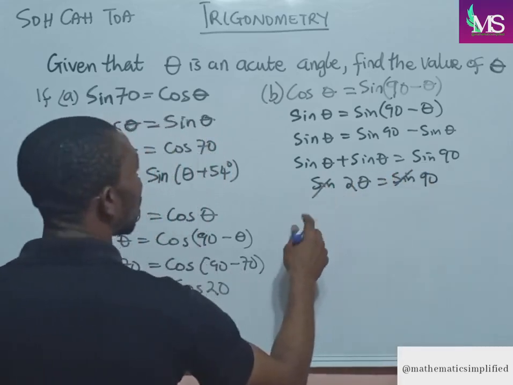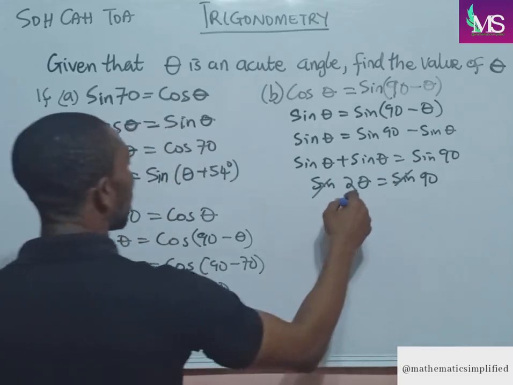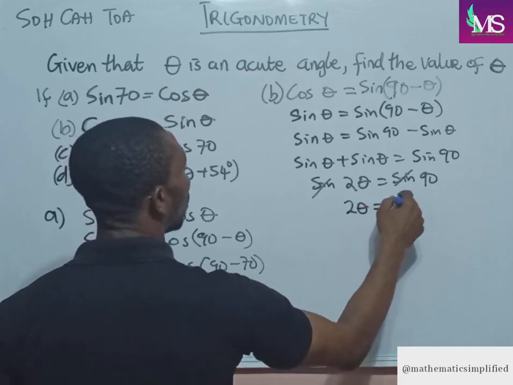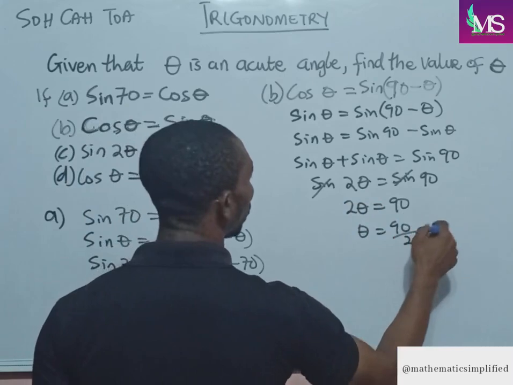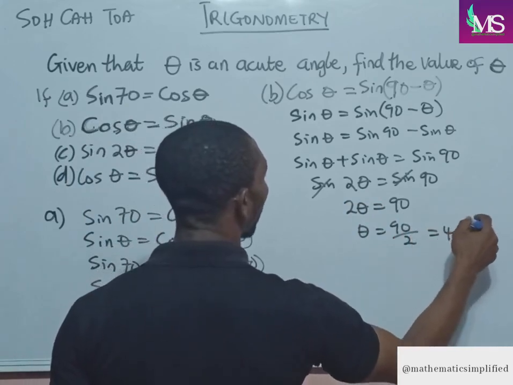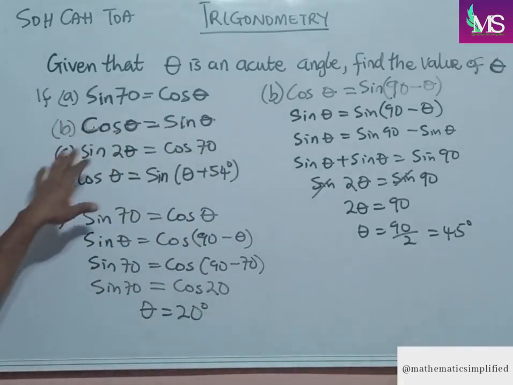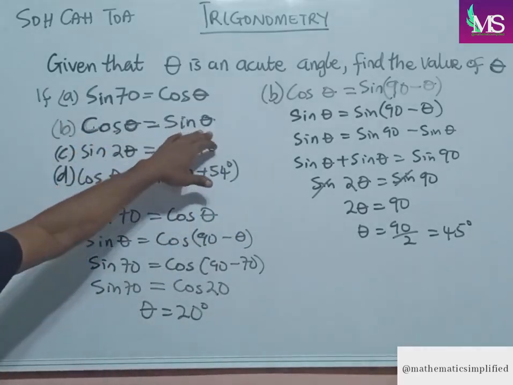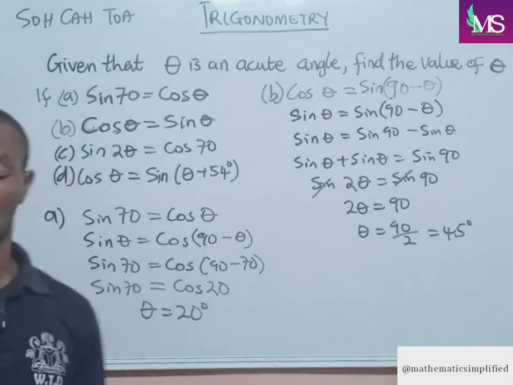The sines cancel, leaving us with 2 theta equals 90. So theta equals 90 over 2, which will give us 45 degrees. So our theta in this B part will be 45 degrees.